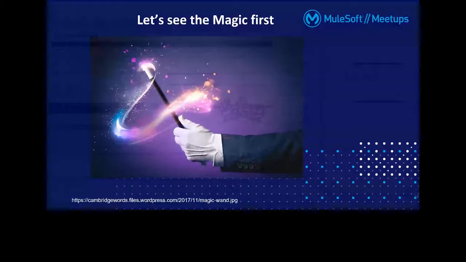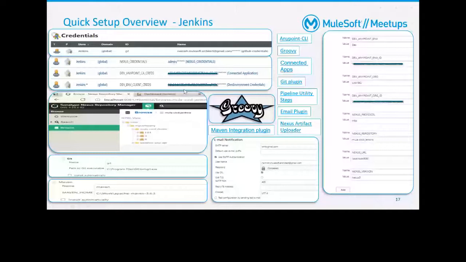I have a connected app created, which in the next slide we are going to see. Both are credentials over here. Then environment related client ID and credentials are sitting over here. I already said I have Git installed, and I have Maven installed. Then a small setting for the email notifications.